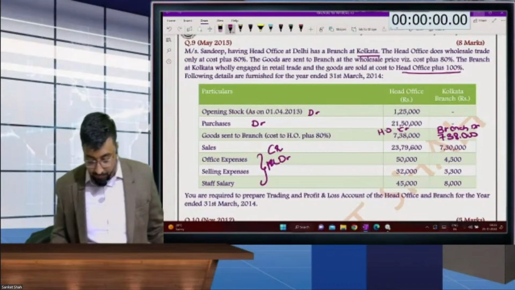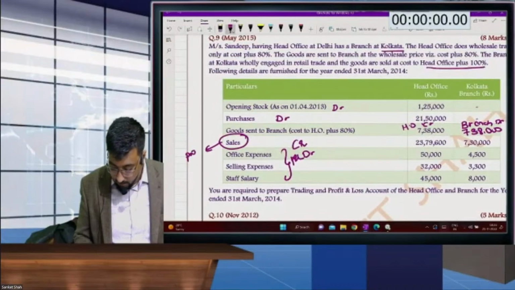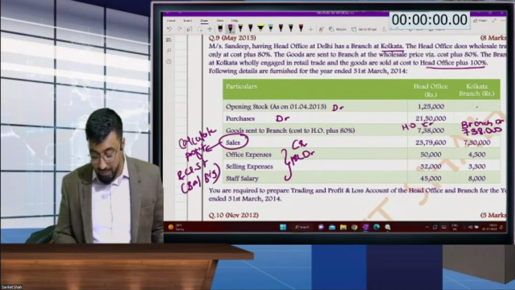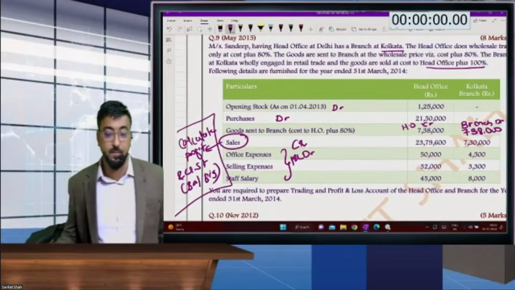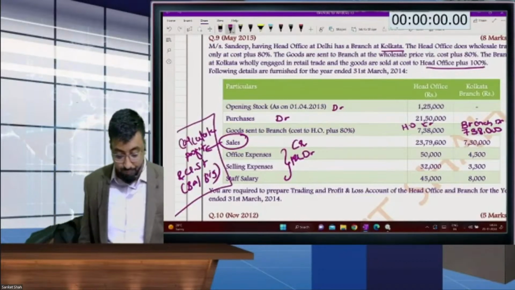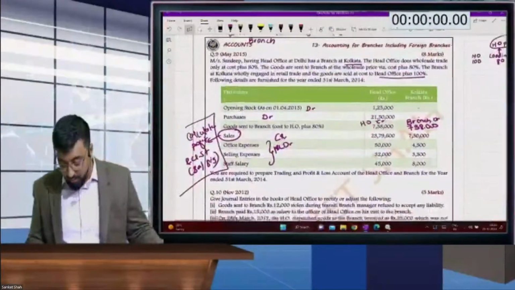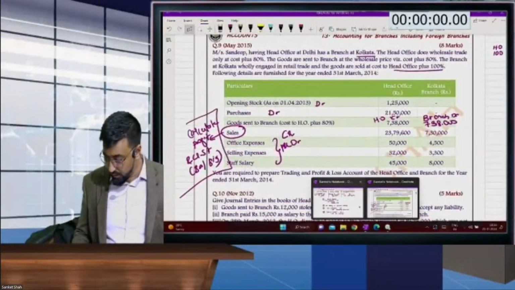Now see, from sales you can calculate profit, and closing stock is a balancing figure. So this is the hint for this question. Calculate profit, and closing stock is the balancing figure. It is an 8 marks question. Very easy question. So let's solve.